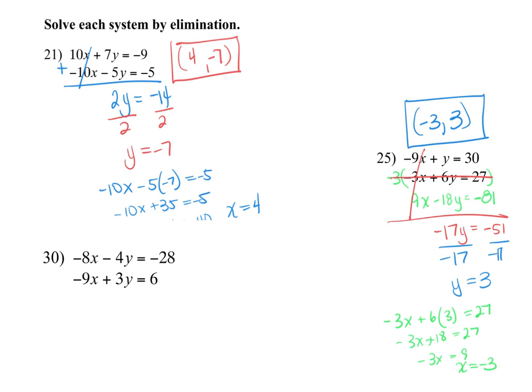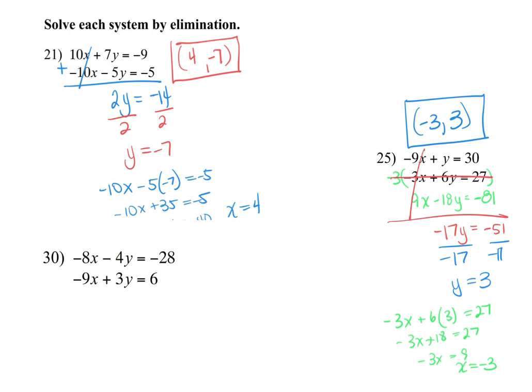All right, you may have occasions where you have to multiply both of them, right? And again, I'm going to pick the one that's going to give me the smallest numbers, okay? And so if I'm looking at these, between 8 and 9, my least common multiple is a pretty large number, right? So I'm going to move on to the y, and I'm going to do between 4 and 3, right?